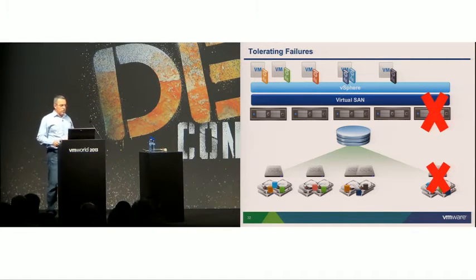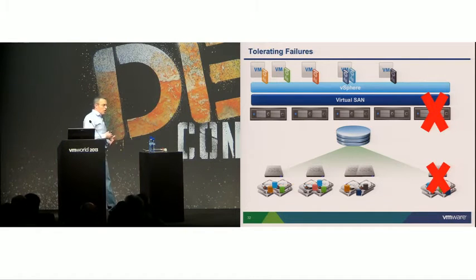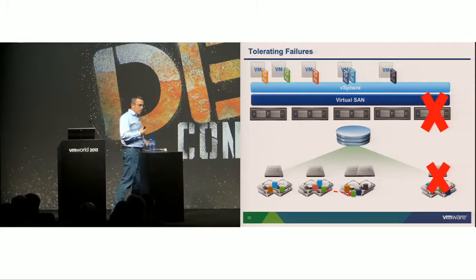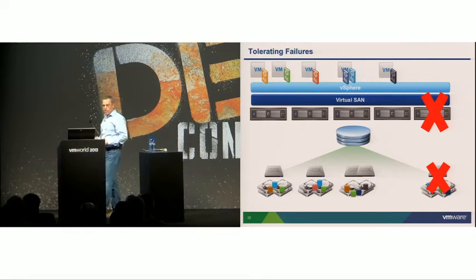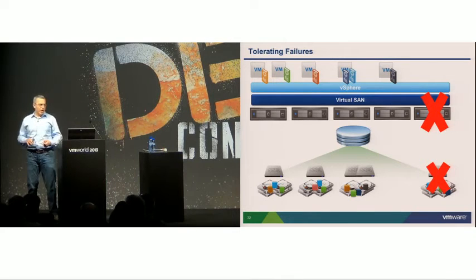This reconstruction is happening in the background and in parallel to the normal operation of VMs. In fact, vSAN has algorithms and scheduling mechanisms that ensure that the reconstruction traffic will be throttled back and will not affect the normal operation of the workloads in the cluster.